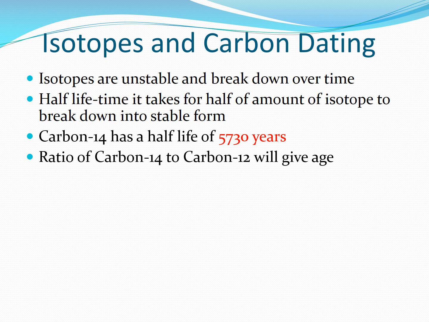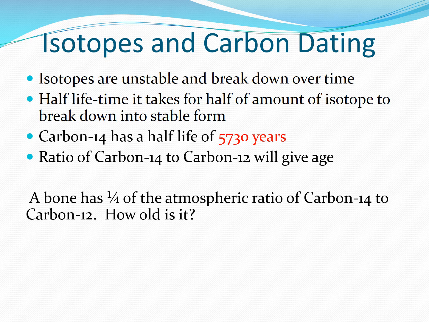So if we have a bone or a piece of living material and we look at its absorption of carbon-14 from the atmosphere, in combination with the carbon-12, it will tell us how old something is. So look on the bottom of the page. It asks a question. A bone has a fourth of the atmospheric ratio of carbon-14 to carbon-12. How old is it? Well, this is actually 2 half-lives old, or 11,460 years old.